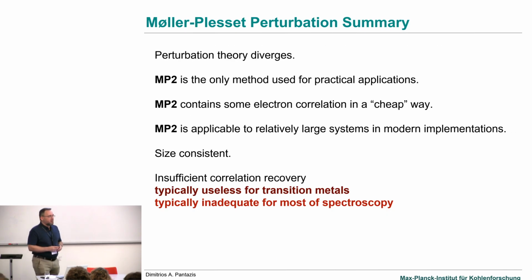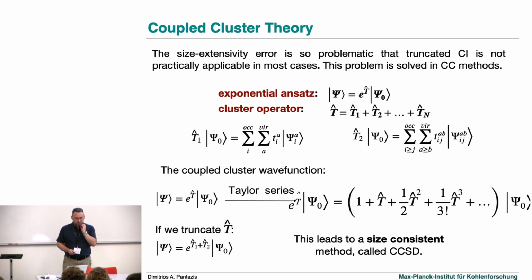Okay. In practice, it can work, but it really depends on what you're looking at. Since we're talking here about transition metal systems, you have to know that MP2 is not working well for transition metal systems. It's really not working well for open shell systems, and it's mostly inadequate for most of spectroscopy relating to transition metal systems. So that's just something to know.